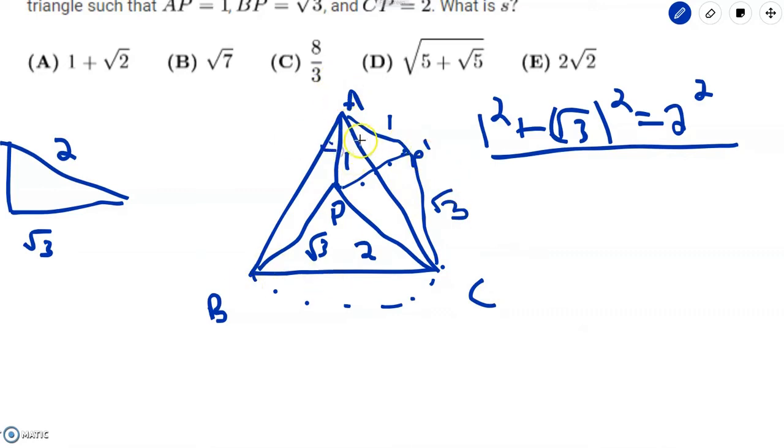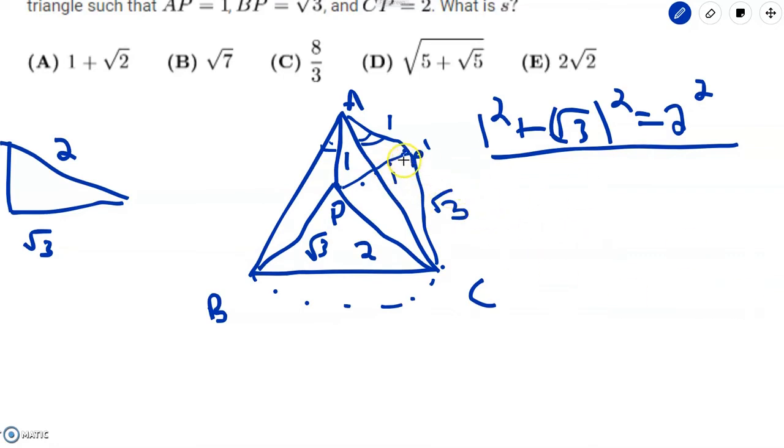So these two are equal, and that means angle PAP prime is equal to angle BAC, which is 60 degrees. That means PAP prime is equilateral, since PA is equal to AP prime, so it's isosceles with a base angle of 60 degrees. And since it's equilateral, PP prime is equal to 1.